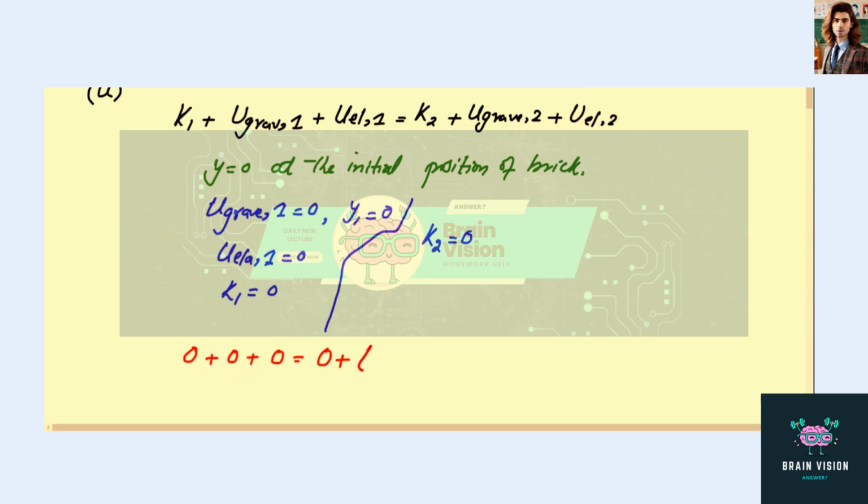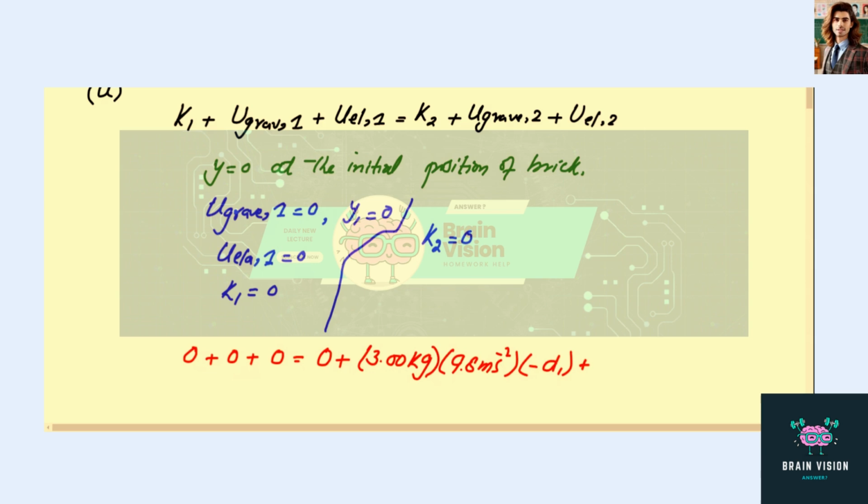Here m is the mass of the brick, which is 3.00 kilogram, as the mass of the basket is negligible, into g, which is 9.8 meter per second square, into the height covered by the basket. Let this be minus d1.